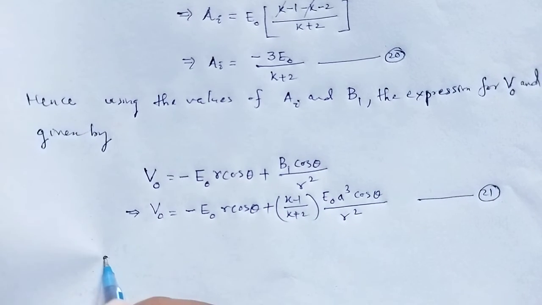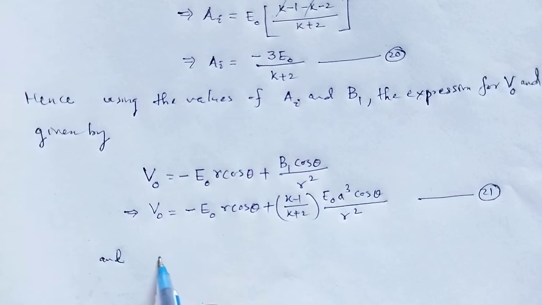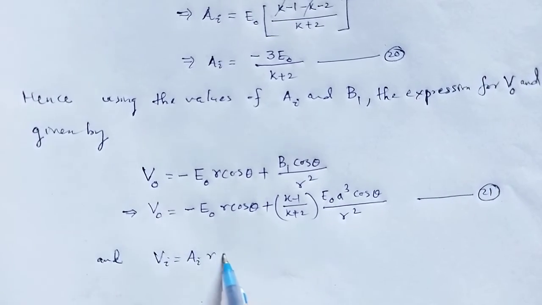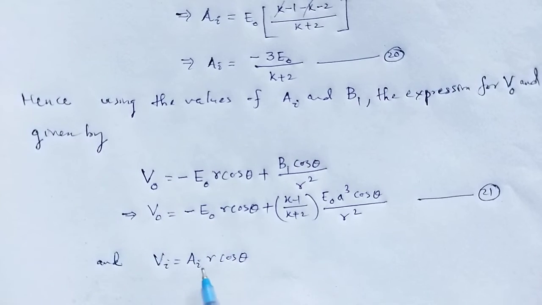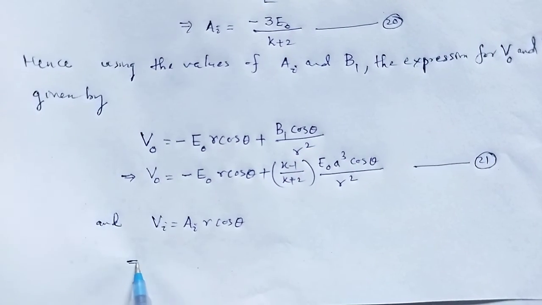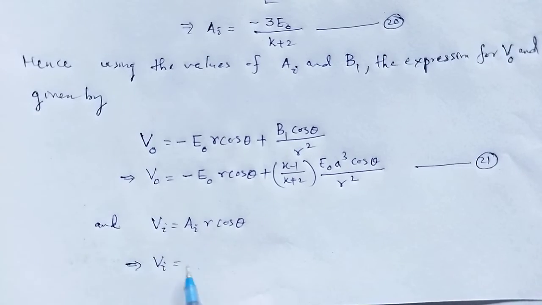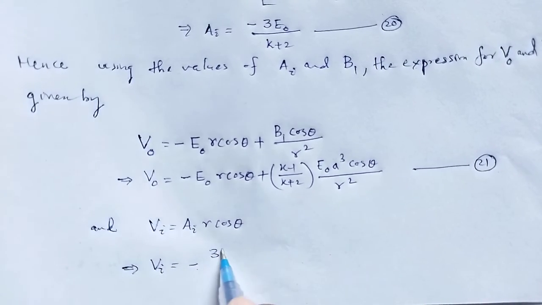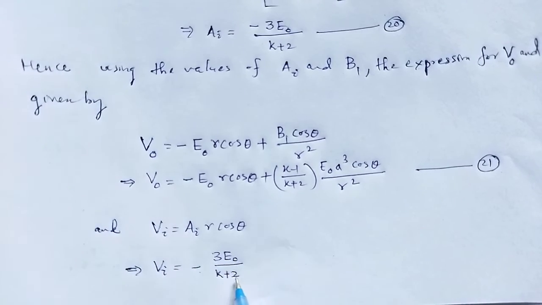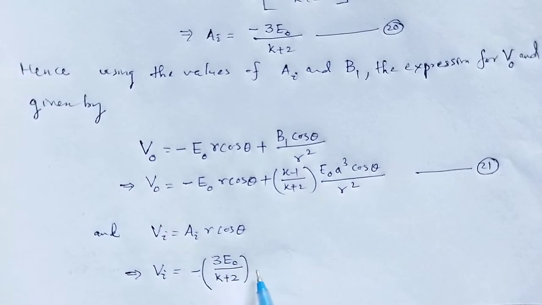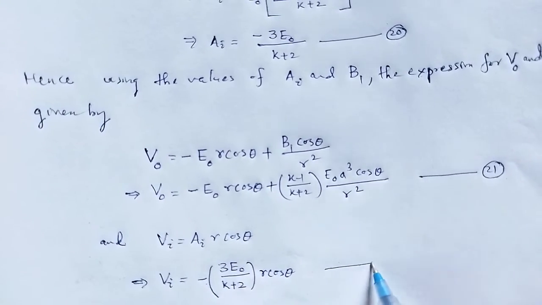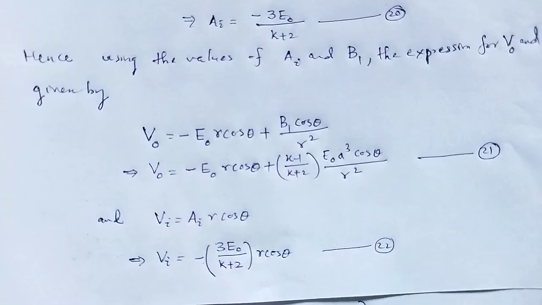And V inside is equal to A I R cos theta. Now substituting that value of A I here, we get V I is equal to minus 3 E naught divided by K plus 2 R cos theta, that is equation number 22.